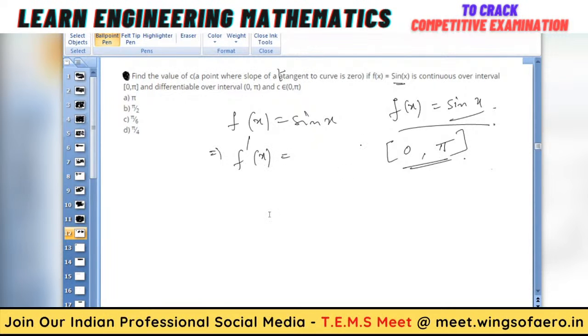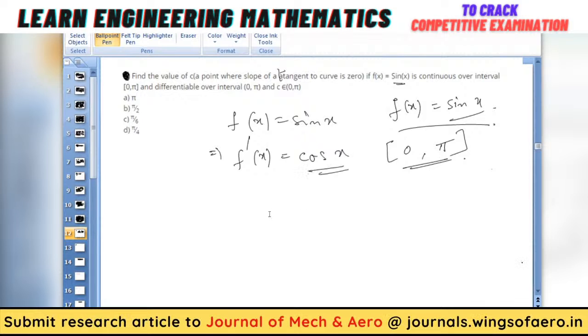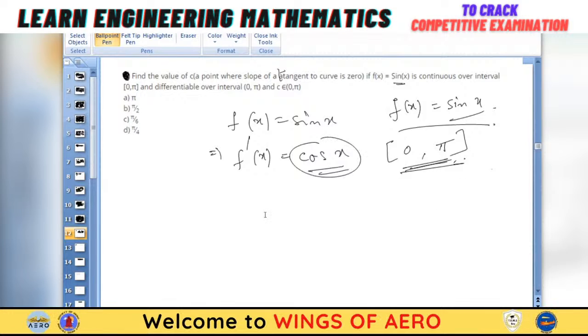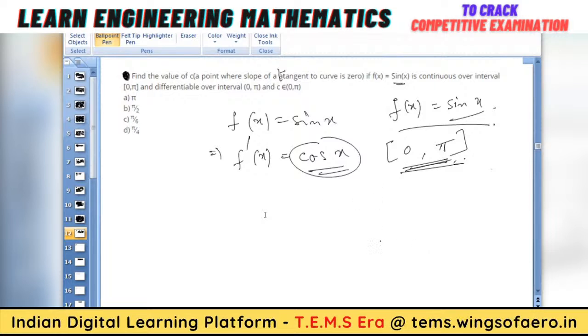What is the derivative of sin x? It is cos x. And you need to find, within the interval 0 comma pi, at which value cos x becomes 0.